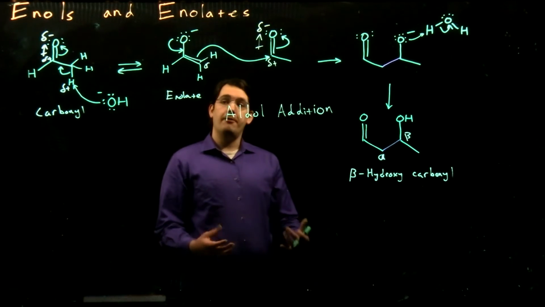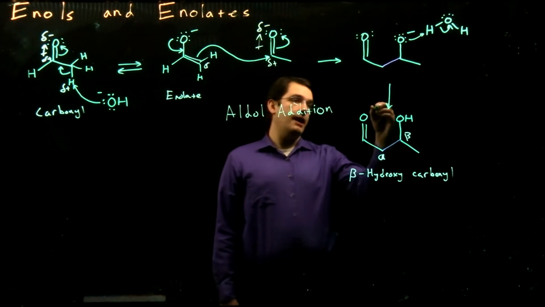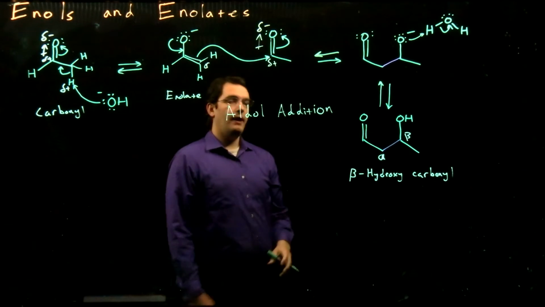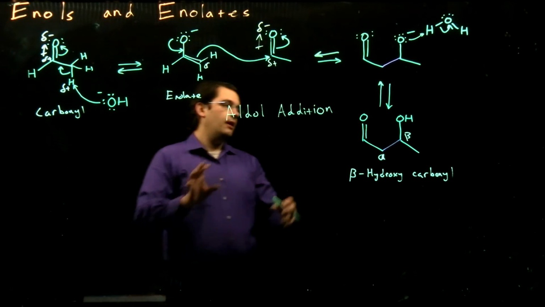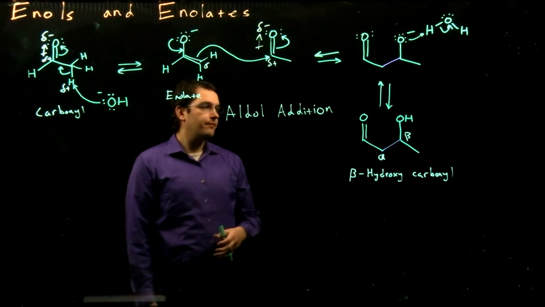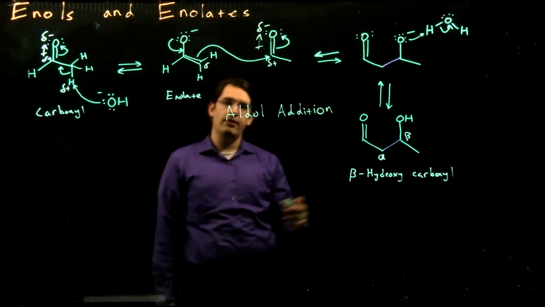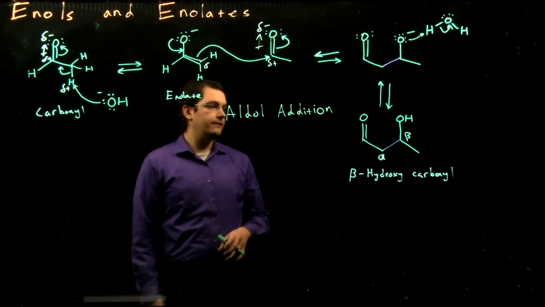Now, as with the formation of our enolate itself, these addition steps are also reversible. So we will have an equilibrium here between our original carbonyl, our enolate, and of course our final aldol addition product. For aldehydes, the equilibrium will tend to favor our aldol addition product here in the presence of our base.